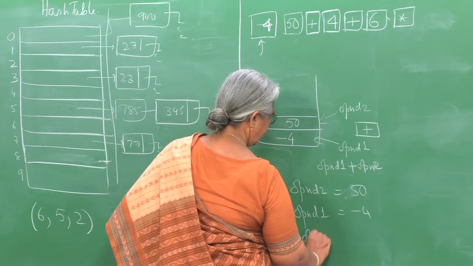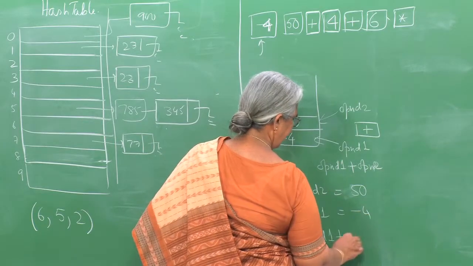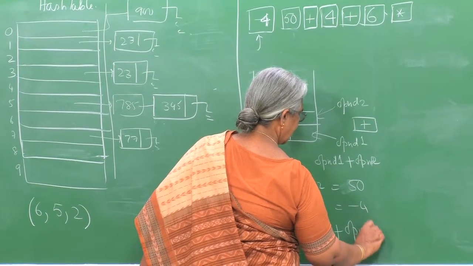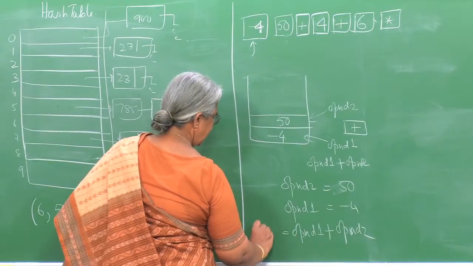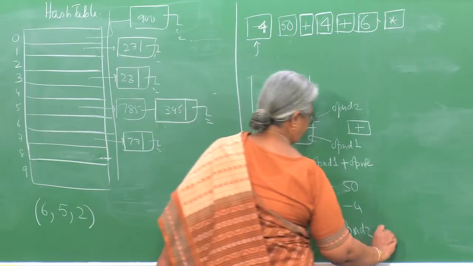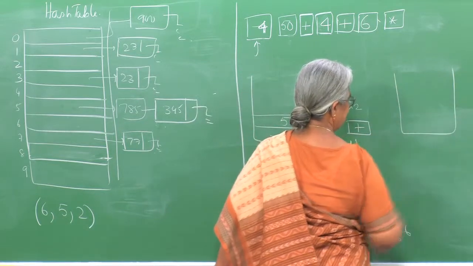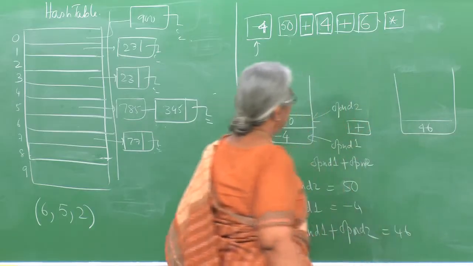Then, because I have seen an operator here, you perform OPND 1 plus OPND 2, and -4 plus 50 is 46. Let us say this is the result, equal to 46. Since we have popped both the elements, the stack is again empty. I push 46 back onto the stack.